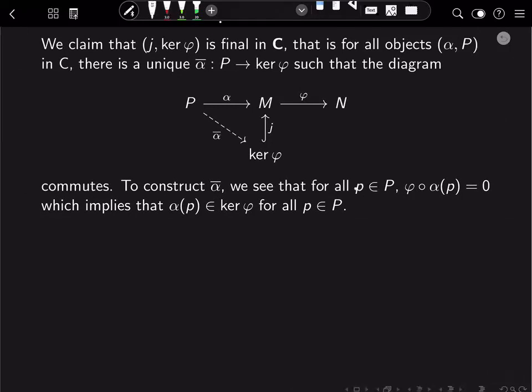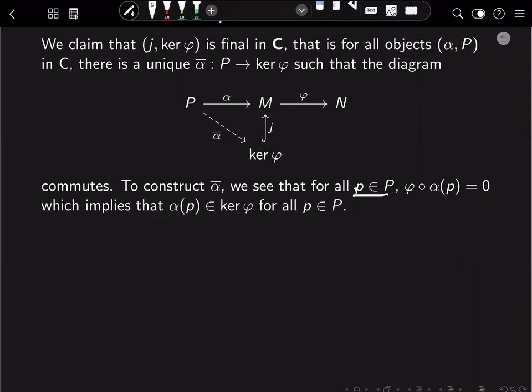So for all p in P, we need that phi composed with alpha of p. We see that for all p in P, phi composed with alpha of p is equal to 0.